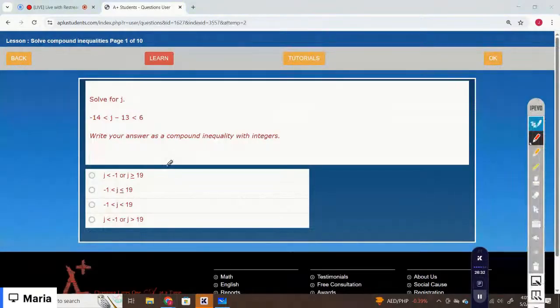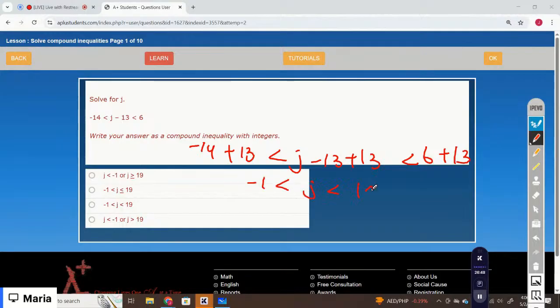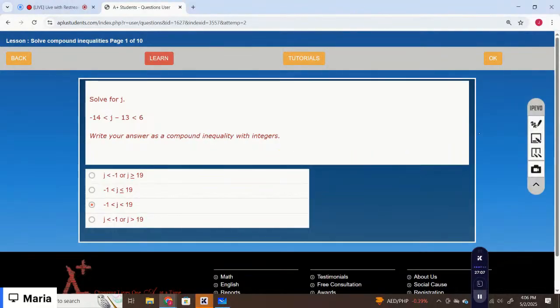Let's just add 13. -14 plus 13, j minus 13 plus 13, and 6 plus 13. -1 is less than j, less than 19. Option number 3 is the correct option.